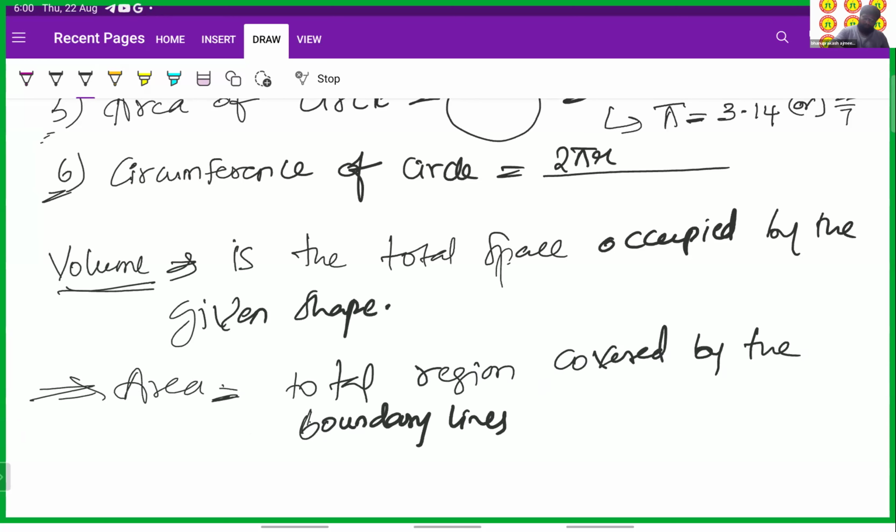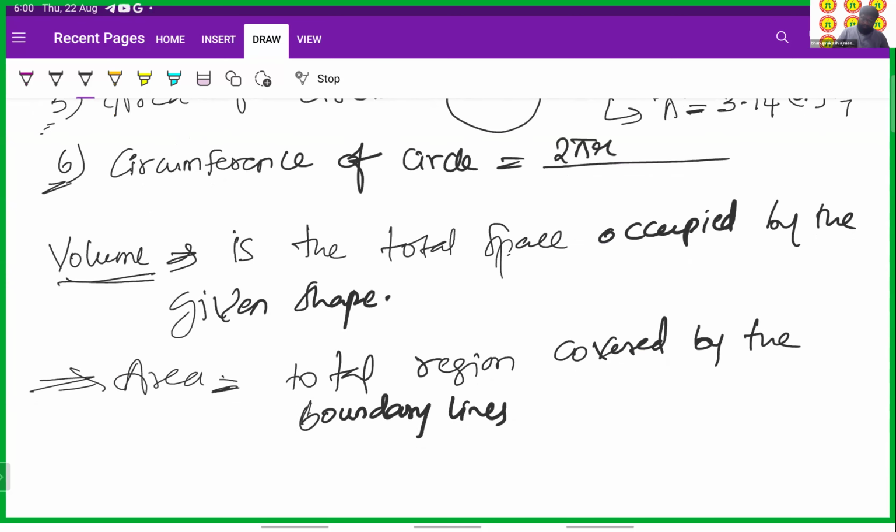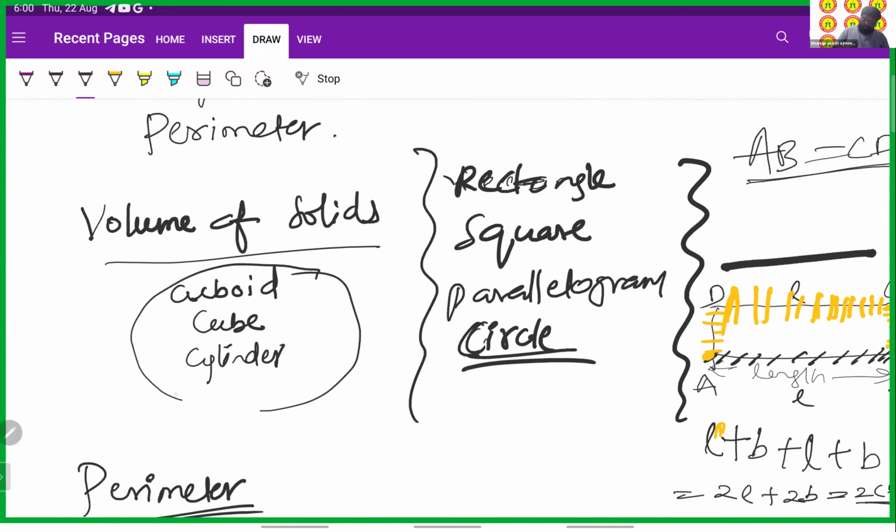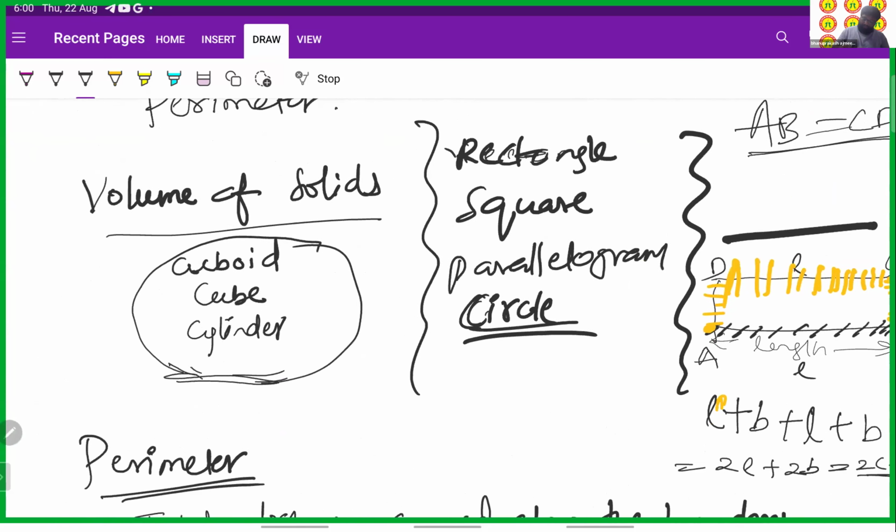So 2D shapes and 3D shapes, I already told you, that is cuboid, cube and cylinder will be discussed in this class.